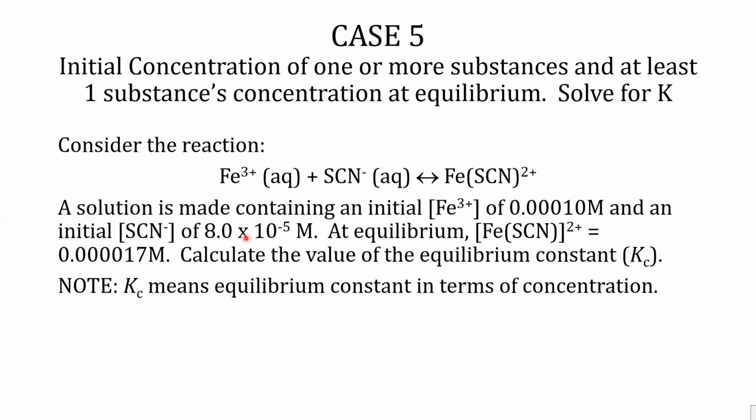At equilibrium, the concentration of FeSCN2+ equals 0.000017 M. Calculate the value of the equilibrium constant, Kc. Note Kc means equilibrium constant in terms of concentration.